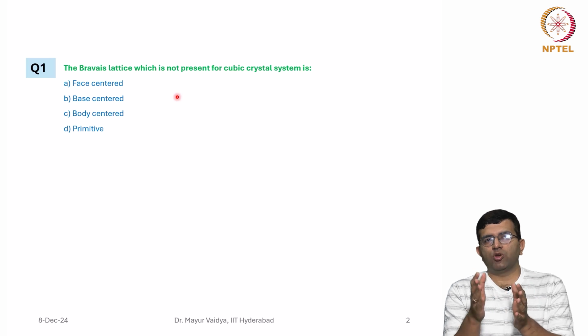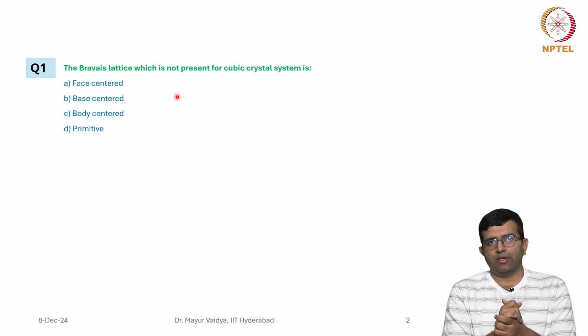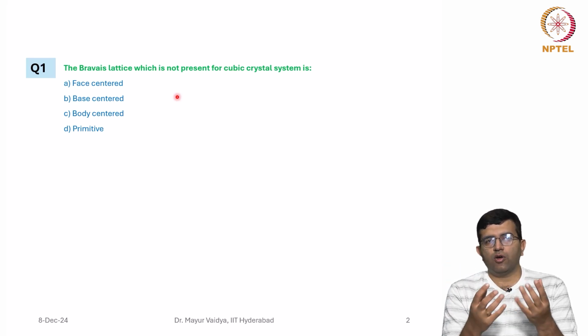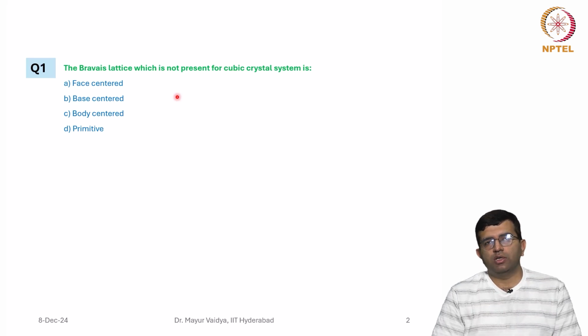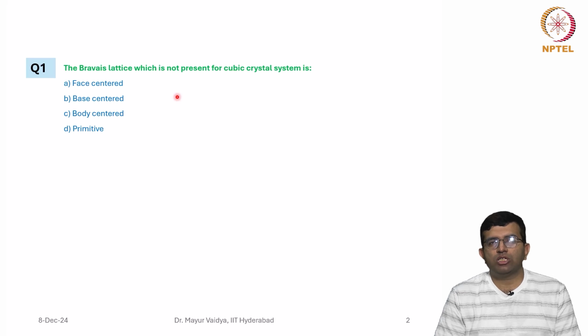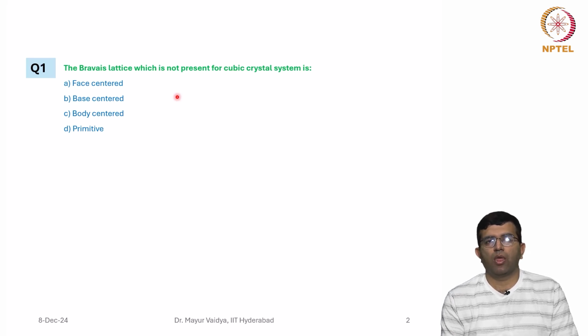So actually it should be 7 into 4, 28 Bravais lattices, but they are not, and only 14 exist because of certain equivalency that is established. So now the question here is which is not present for the cubic crystal system.